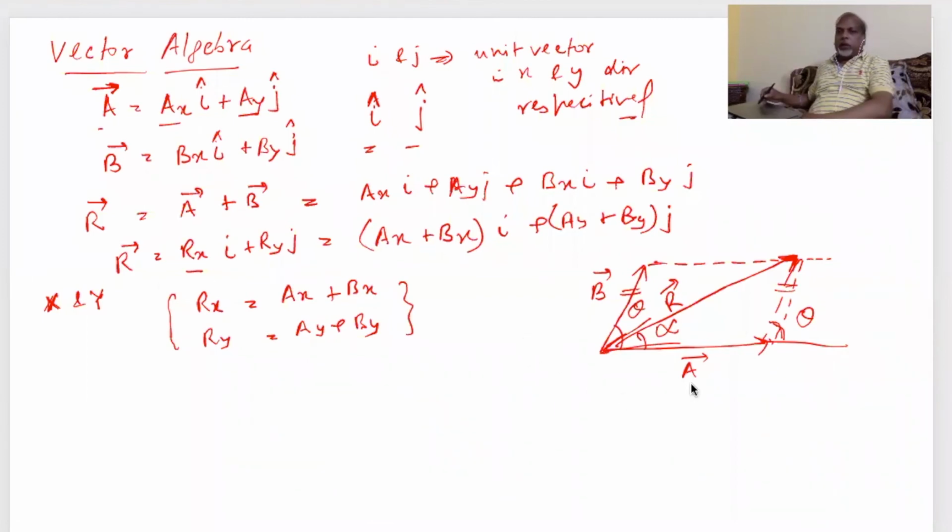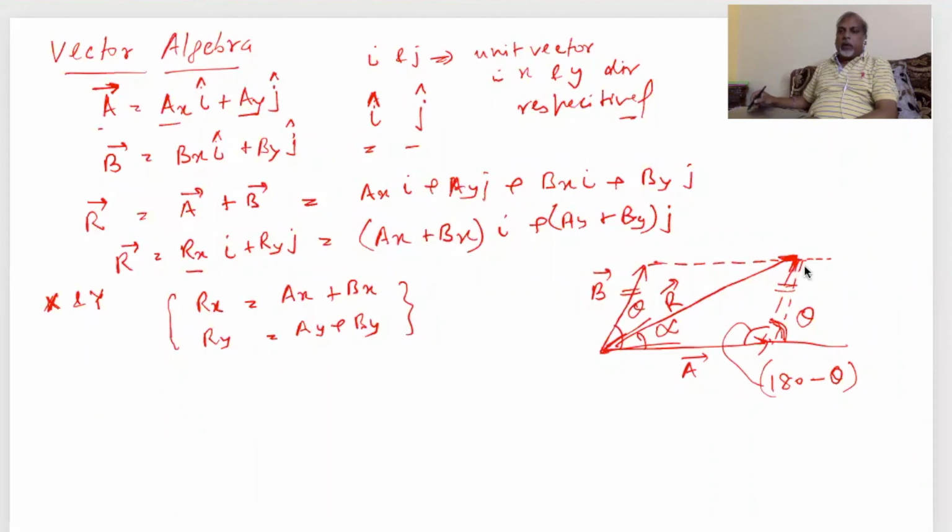So in this case, this is theta, then naturally this will be your 180 minus theta. Correct?